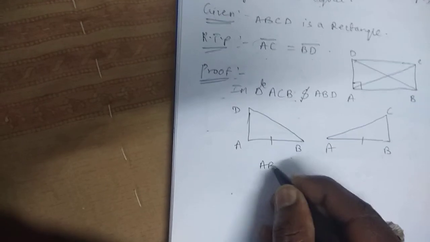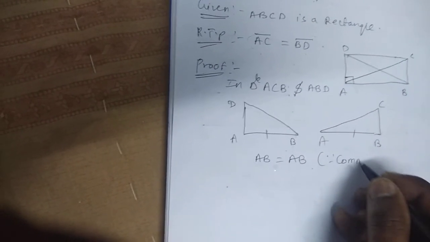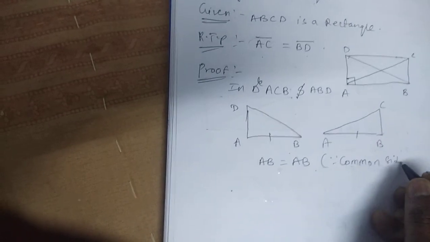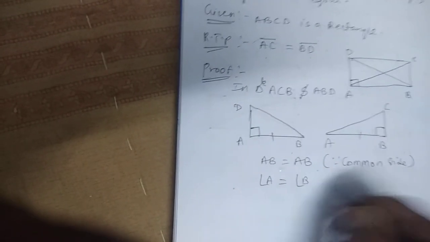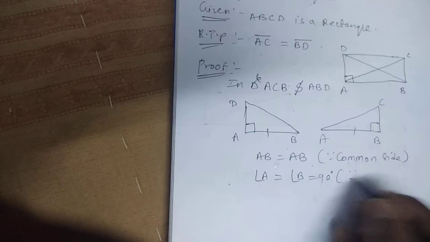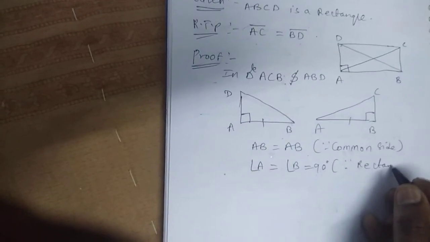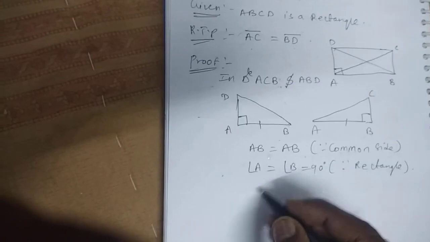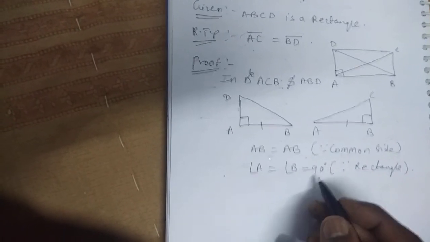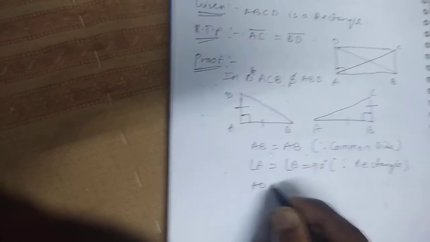In these two triangles, AB is the common side. AB is equal to AB. It's a common side. And this is 90 degrees, because he has given angle A and angle B both are equal to 90 degrees, since it is a rectangle. So these two angles are equal, and AD is equal to BC.